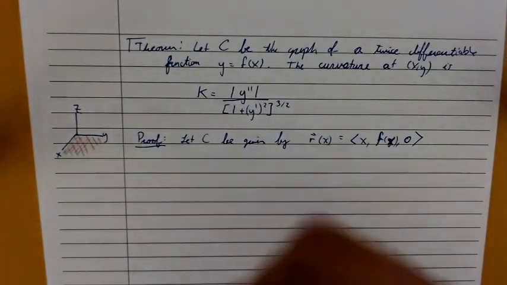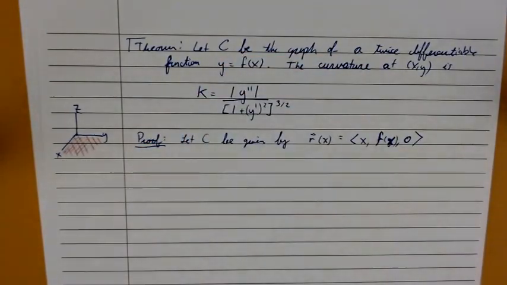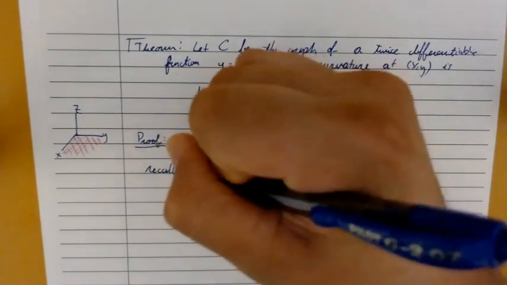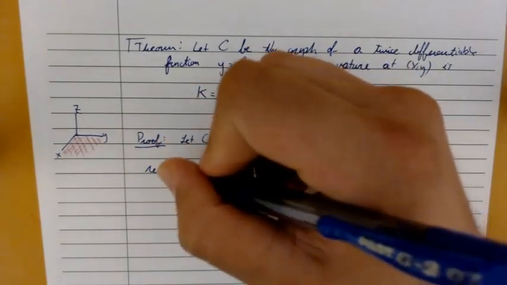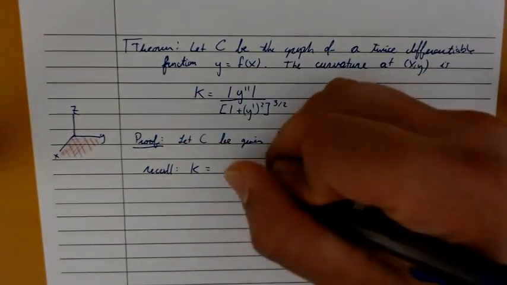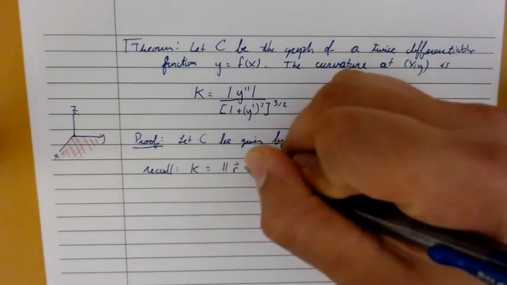All right, well, in order to use that, let me write this over here so I don't have to keep flipping back and forth. Recall that K is equal to the magnitude of R prime, and remember, this can be any parameter.